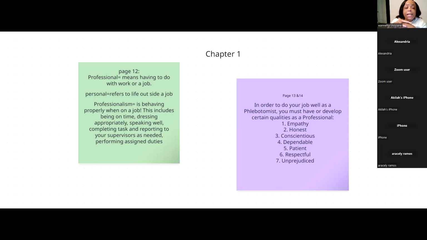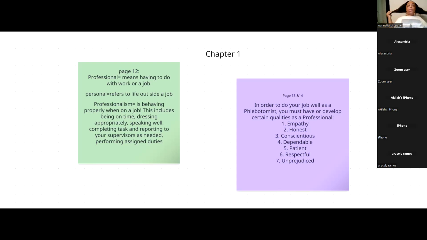On my green sticky note here, it explains the difference between professional and personal. I want to explain it to you, and of course, screenshot the whiteboard if need be. It's also in your book, but that way you can keep your notes close, so you'll remember to check out pages 12, 13, and 14 in your book.